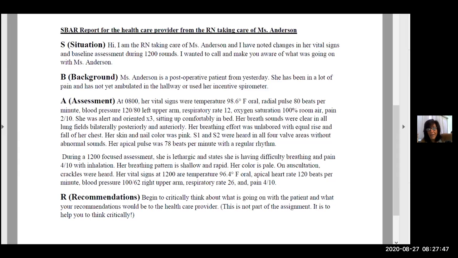And then with the background, post-op what? So she's post-op from yesterday, then I'm going to assume that you're in a hospital, and I'm going to assume that she's not in PACU anymore, that she's on a regular floor, like a med-surg floor. So when a patient goes into a hospital and has surgery, most of the time, after surgery, they go into PACU. PACU is the post-anesthesia care unit.